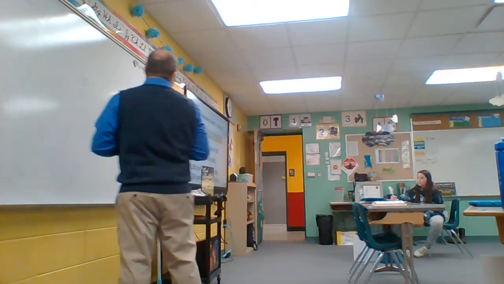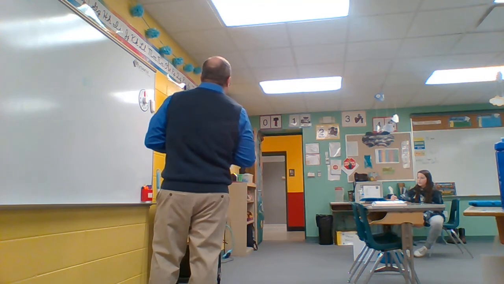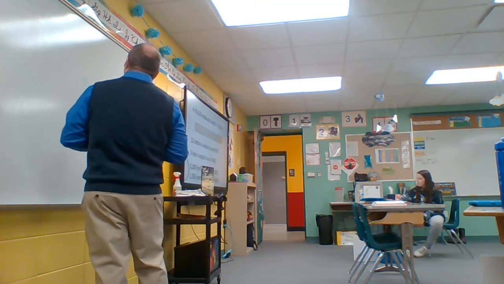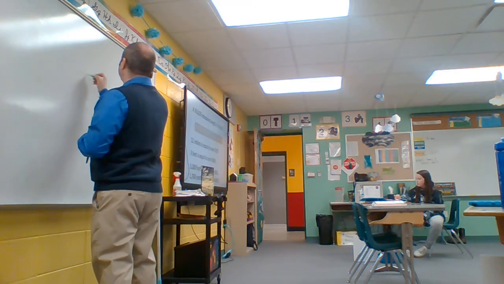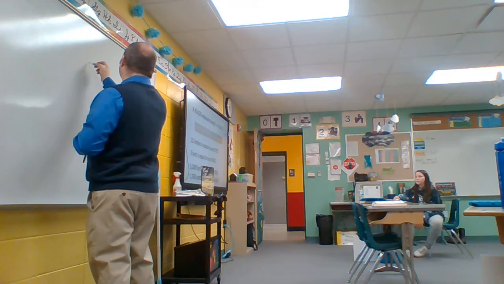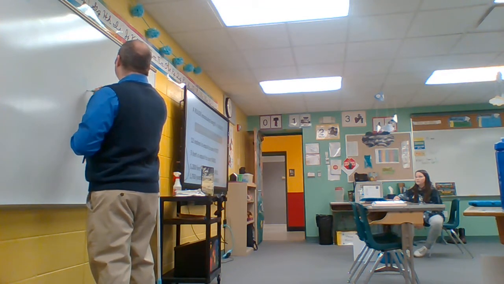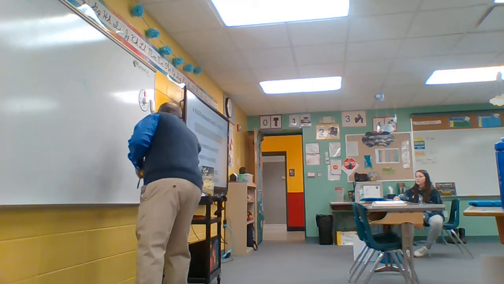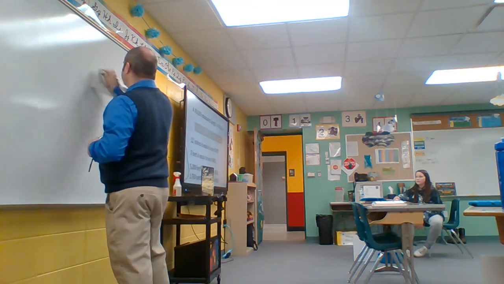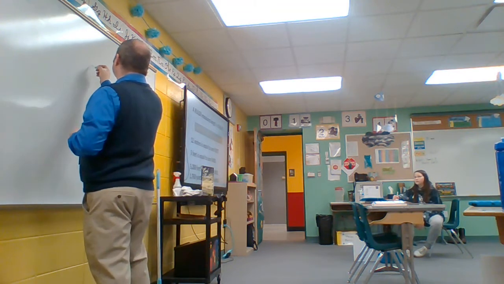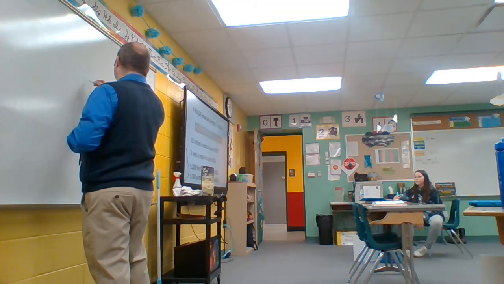80 inches, and 12 inches is equal to 1 foot, so I know it'd be 80 divided by 12, right? So 12 goes into 80 how many times? Does 7 work? No. So let's try 6. 12 times 6 is 72.